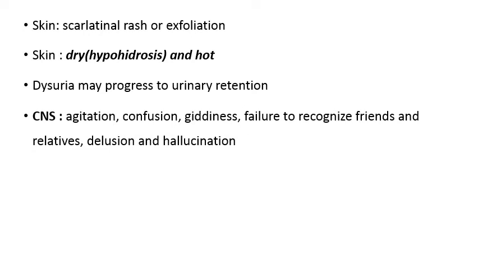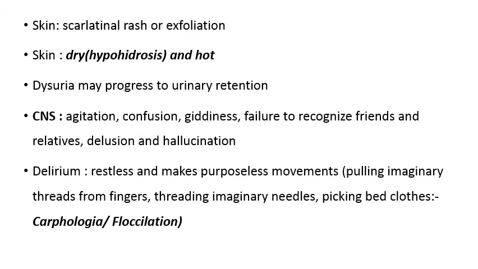On the CNS, the person may have agitation, he may develop confusion, giddiness, and he may fail to recognize his friends and relatives, and he may also have delusion and hallucination. Characteristic features are coming now. So the person will also have delirium, that is, he makes restless and purposeless movements. What are these purposeless movements? You may see that a person who is poisoned by the Datura may start pulling imaginary threads from the fingers.